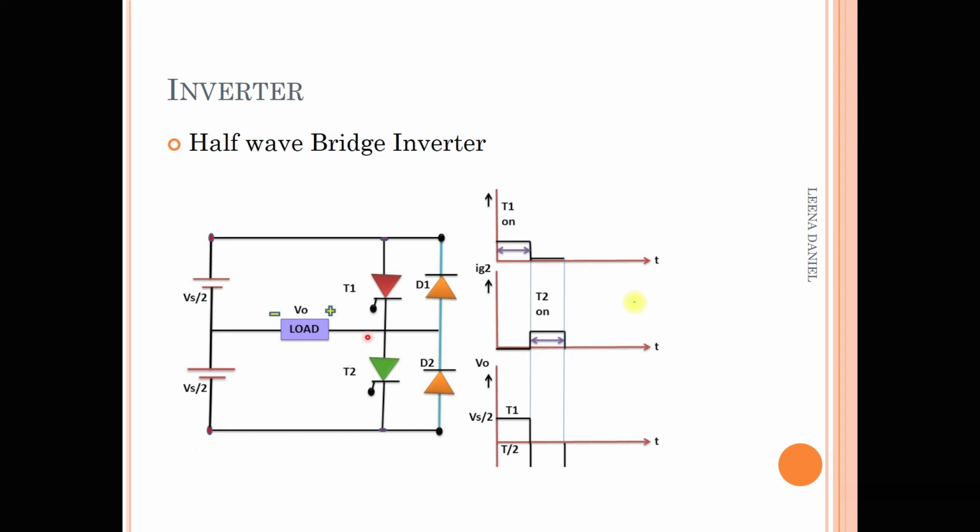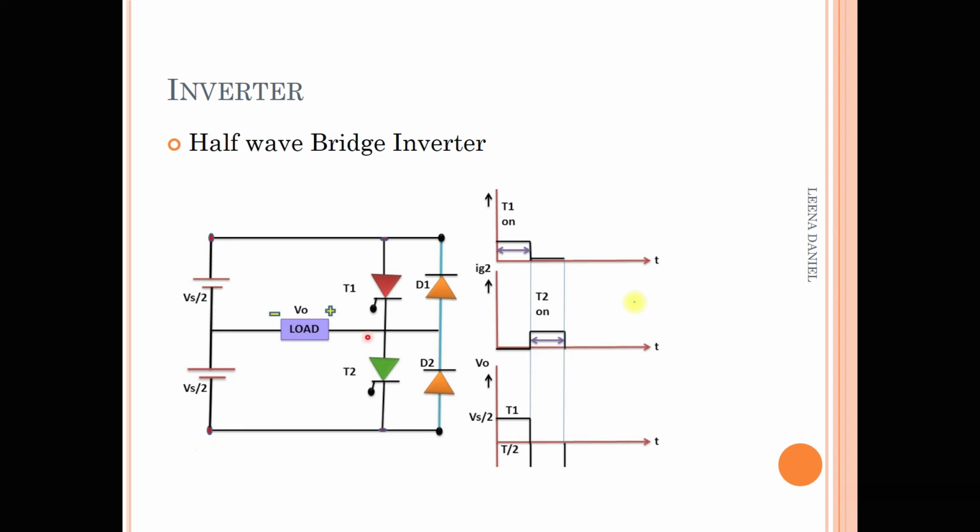And for inverter circuits we use phase controlled converters, because phase controlled converters can be operated in inverter mode by varying the firing angle.